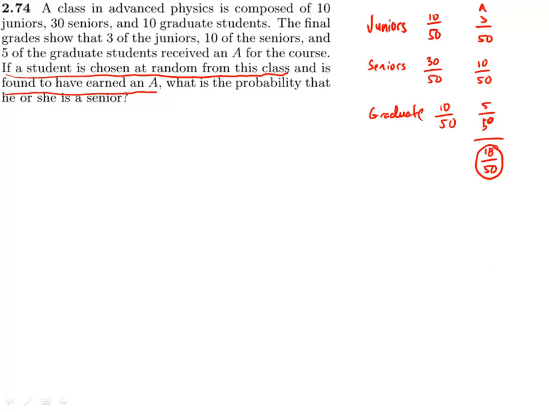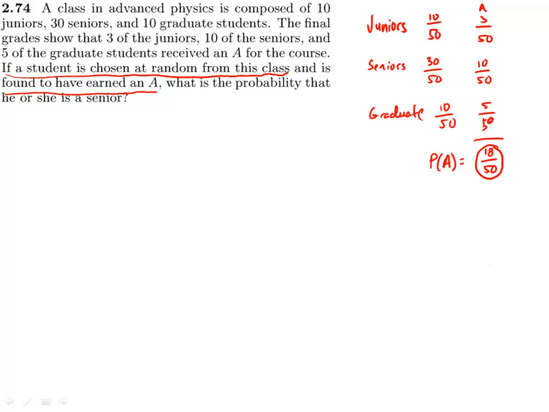So 3, 10, and 5. So the probability of getting an A is the summation 5, 10 plus 3 out of the 50. So 18 out of 50 got A's. Okay, so probability of an A is 18 out of 50.